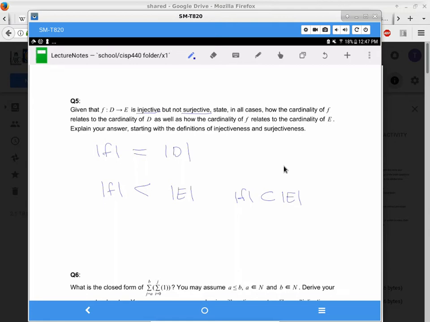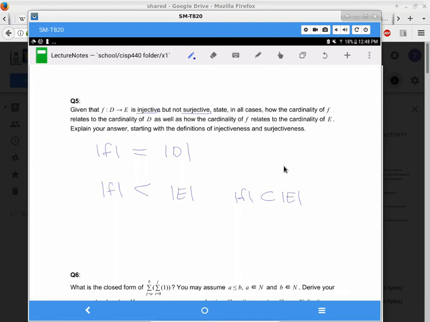So we are not looking at all possible cases. We're looking at a very specific case. It's injective, but it could still have multiple different ways it can be injective. Well, if it's injective, it has to be less than or equal to. But because it is also not surjective, that locks down that the equal to cannot be there. So it has to be less than, not less than or equal to.